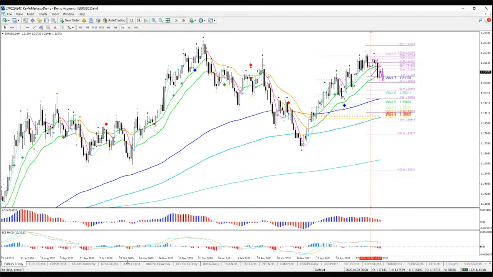So the bar with other instruments is higher. The probability of the analysis playing out needs to be higher for me to trade it, because I'm typically less accurate with those other pairs. The euro dollar I know the best, and therefore typically my assessment of the situation is the best.